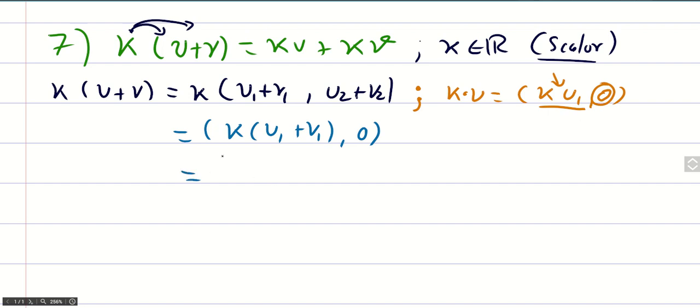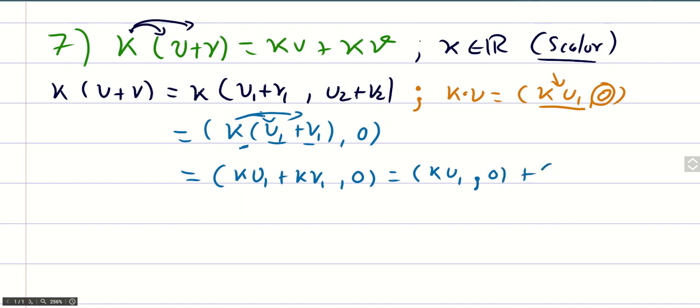Then we can distribute k in this parenthesis because they are just real numbers. So we get here (k u1 plus k v1, 0). And then we can separate this as the sum of two vectors, (k u1, 0) plus (k v1, 0).